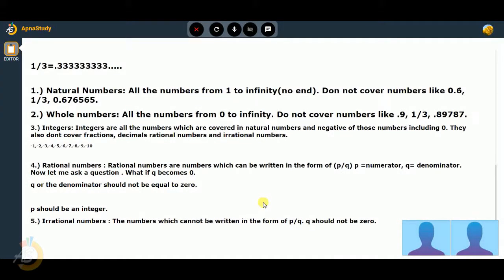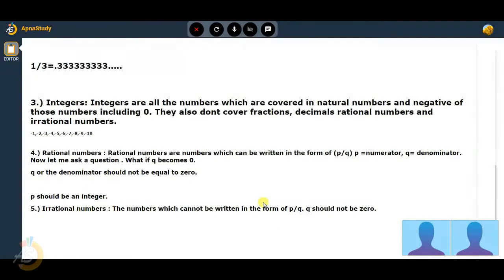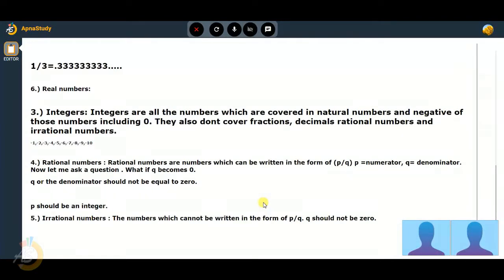Okay. Now the last number system we are going to see is the real numbers. Now let's come to real numbers.